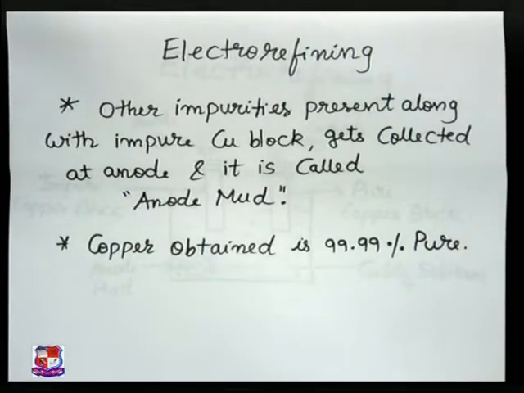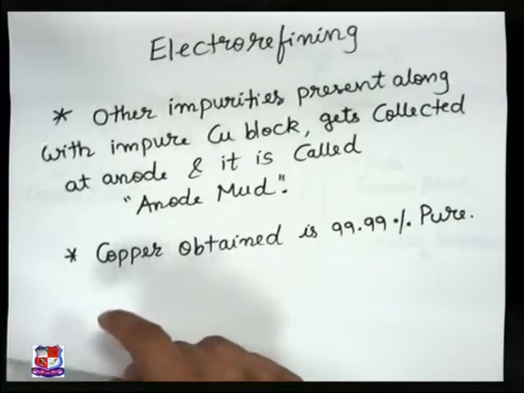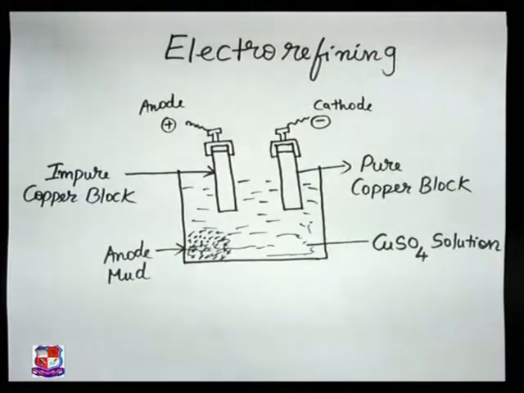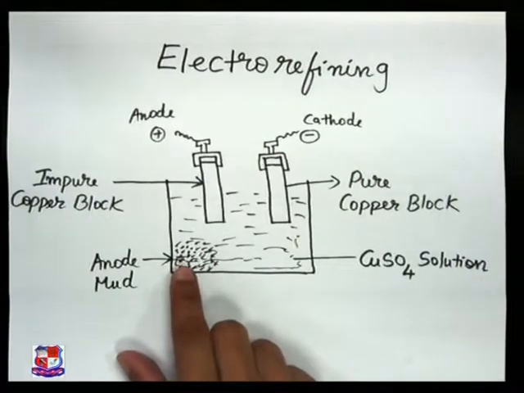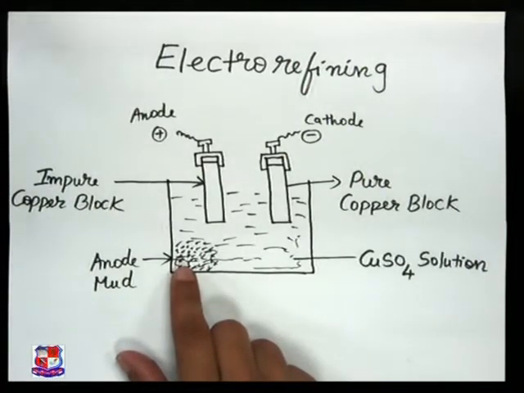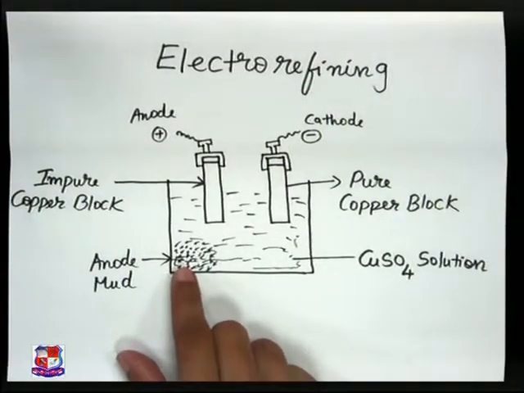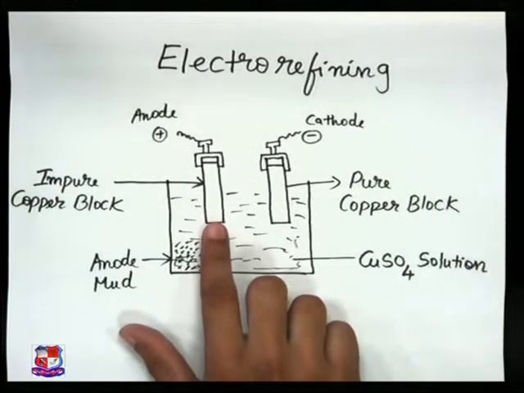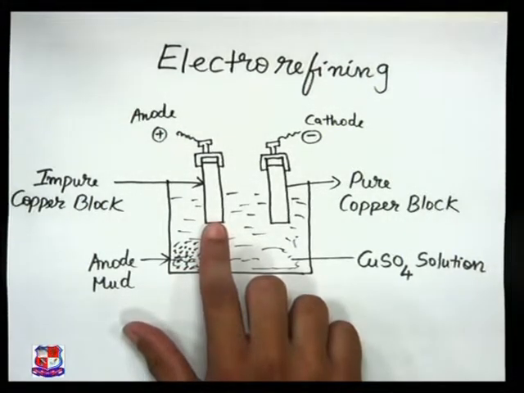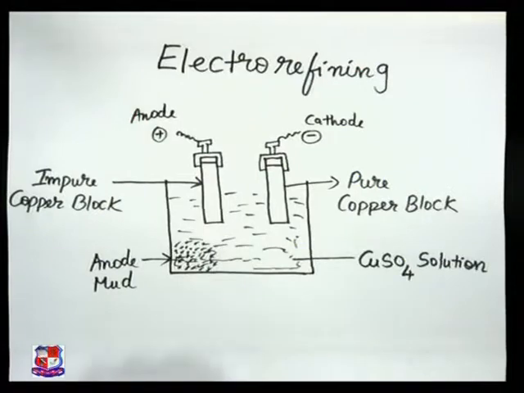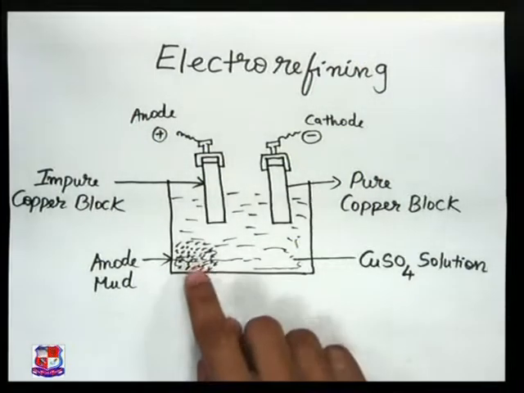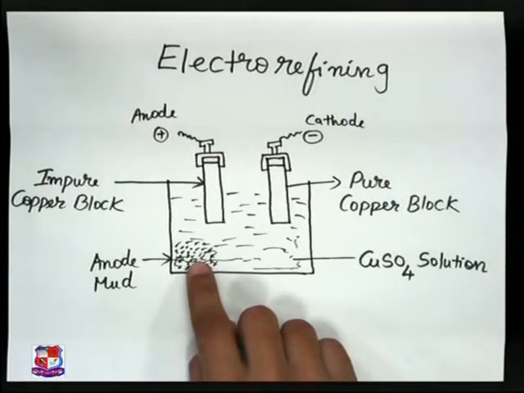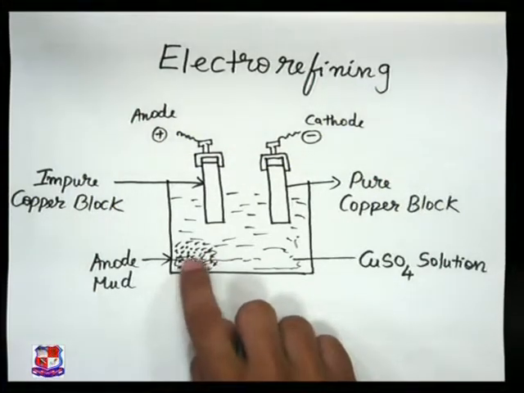You can see in the diagram here, this is your anode mud. Anode mud is the impurities that get collected near our impure copper block that was acting as an anode during the electrorefining process. There are chances that gold and silver may be found in this anode mud.